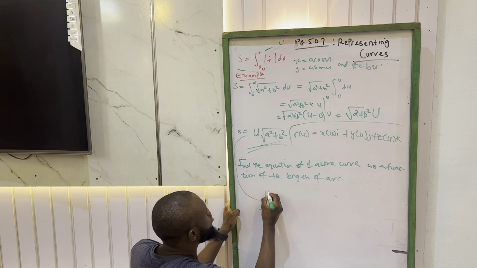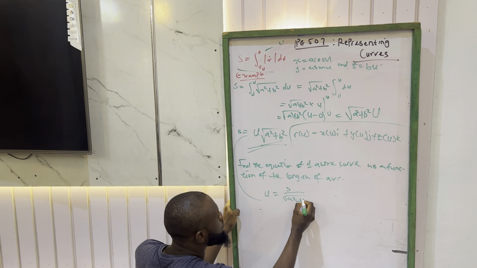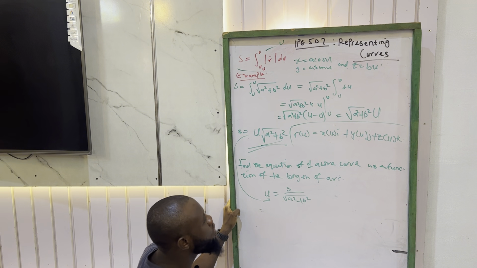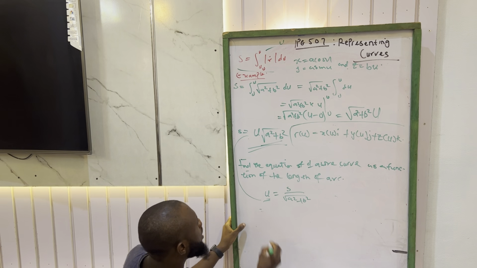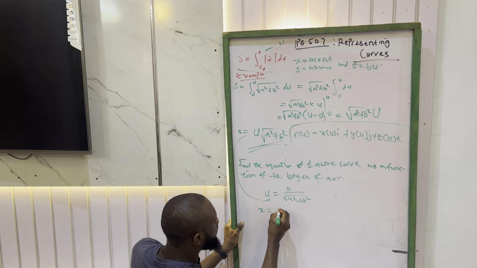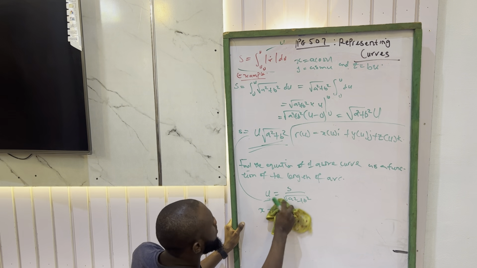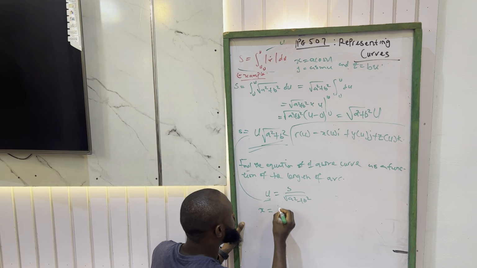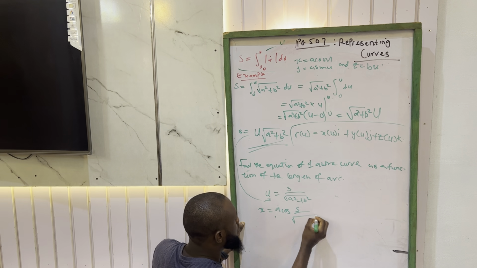So we get u equals s over square root of a squared plus b squared. So this is our u. Anywhere we see u, we replace it with this value. So instead of having a cos u, we have a cos of s over square root of a squared plus b squared.